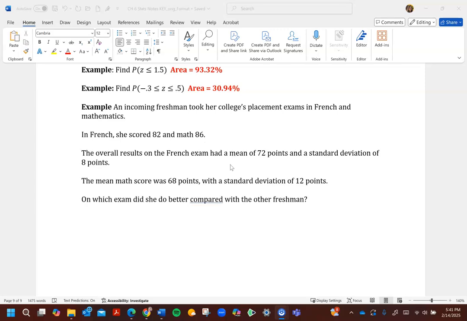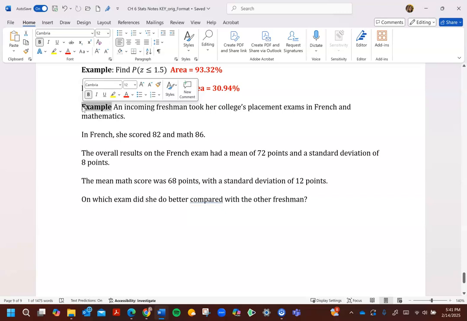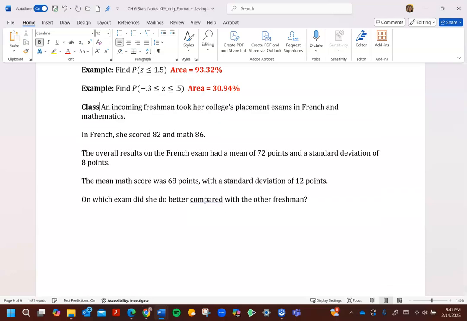So you're going to enter the given information into Staplet for one, figure out the Z, and then do the same for the other. You wouldn't want to try to combine them all together. So we'll count this one as more of a classwork. Go ahead and try that. Pause the video and then check back.